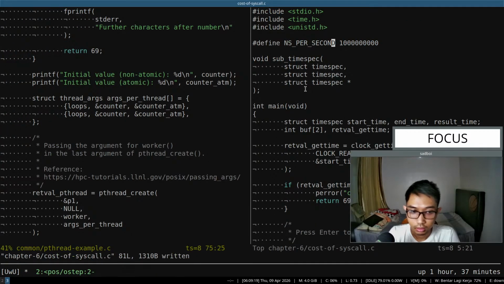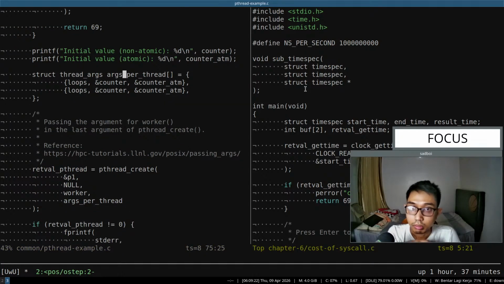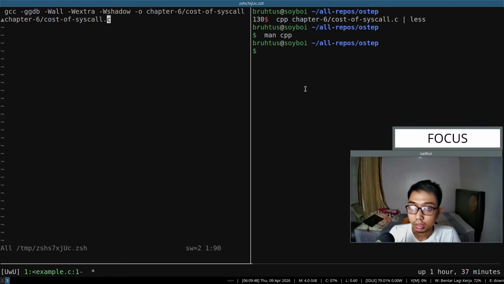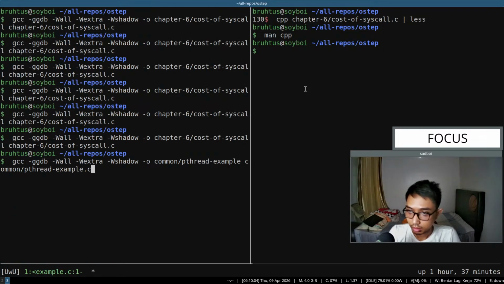Alright. So maybe the places where I can use a trailing comma are in the function argument and struct. Maybe let me try that out. Okay.